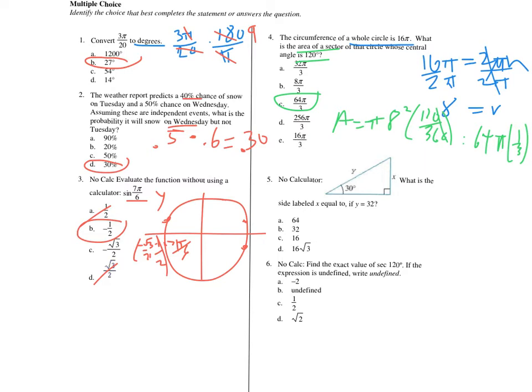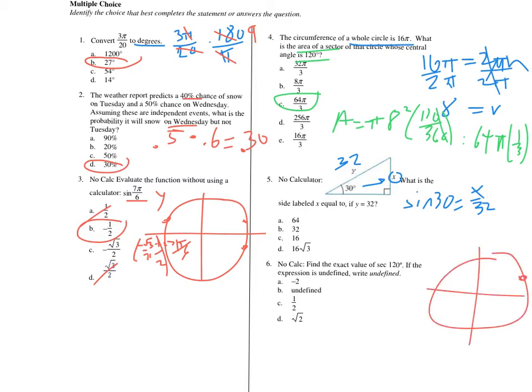All right, next up here, they tell us that y is 32. Get a different color here, okay, 32. And so they said, what's the value of x? And so I would use a sine here. So sine of 30 equals x over 32. And we know on the unit circle, I'll just once again visualize that down here. So 30 degrees is right here. And we know that that is a small y value, big x value.